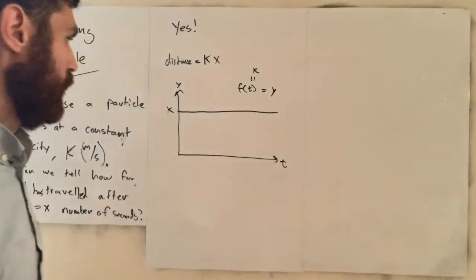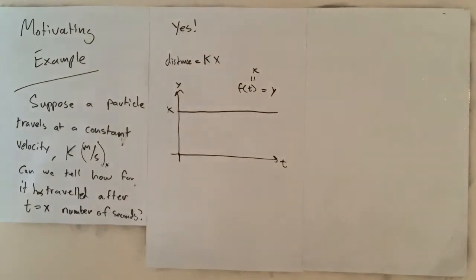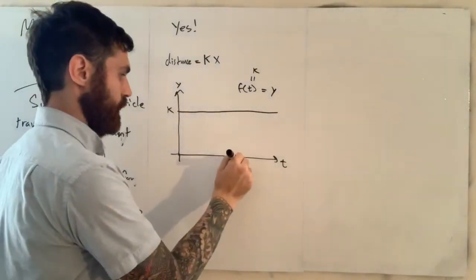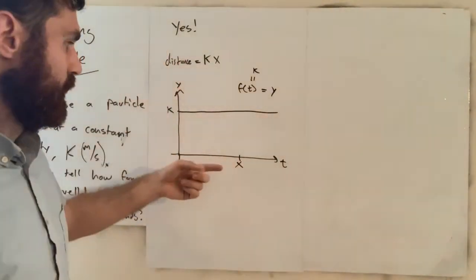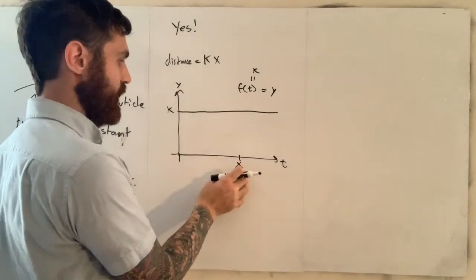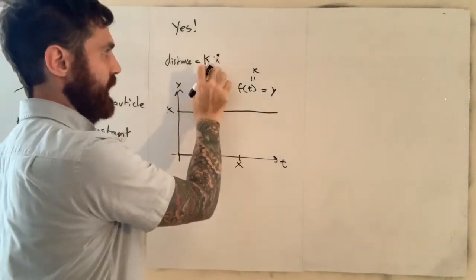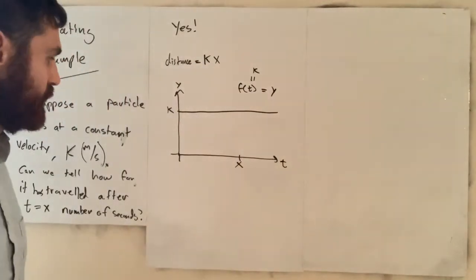Okay? Well, now what I'm asking is, after x amount of time, how far have you traveled? Well, after x amount of time, we know we've traveled k times x. Well, what's another way to visualize k times x on this graph?